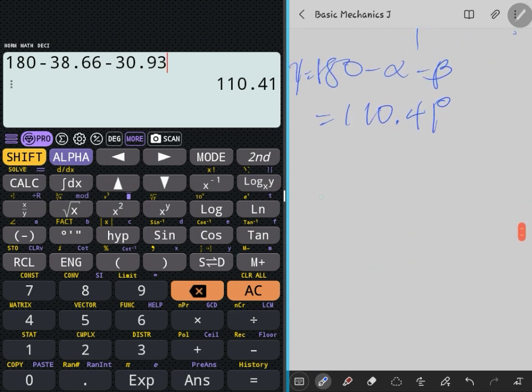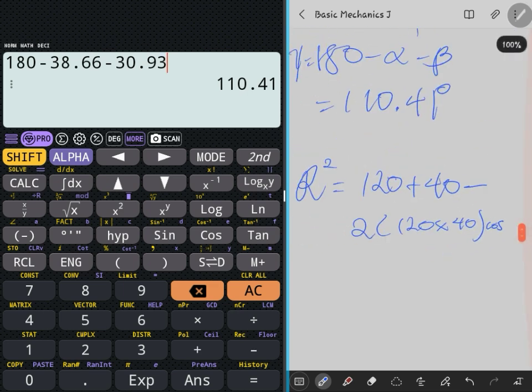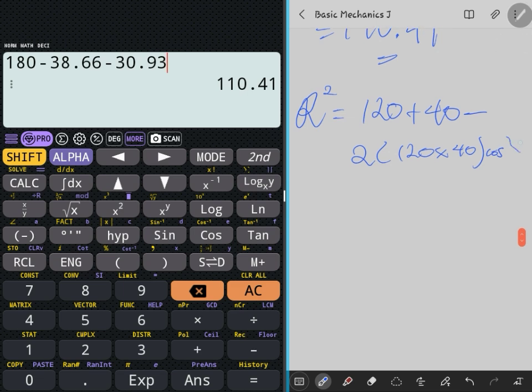So we have it here, right? And the cosine rule is something like this. r squared equals 120 squared plus 40 squared, minus 2 times 120 times 40, times cos of the angle, this gamma here. So that gives us our r squared.